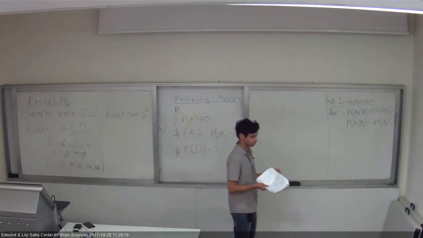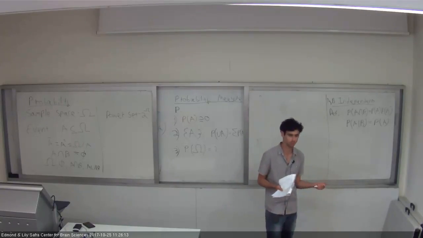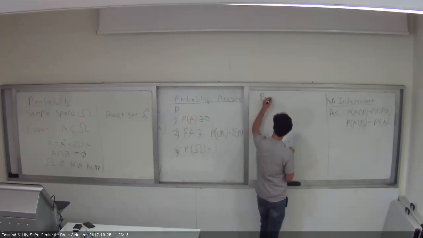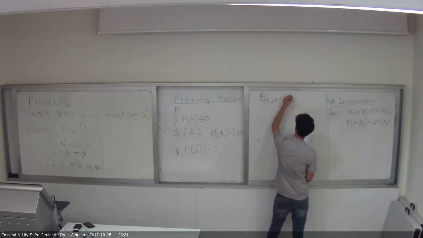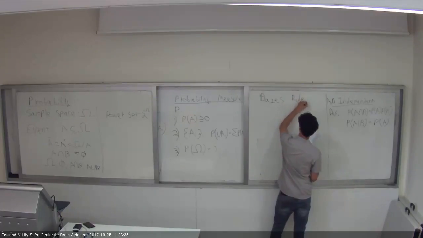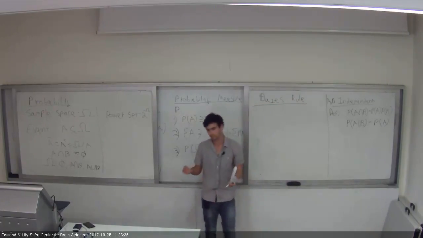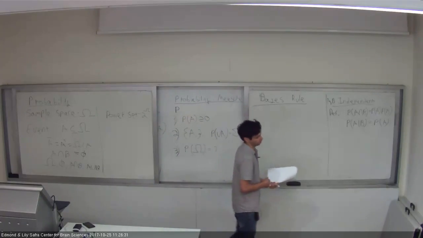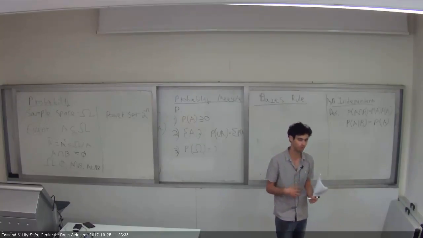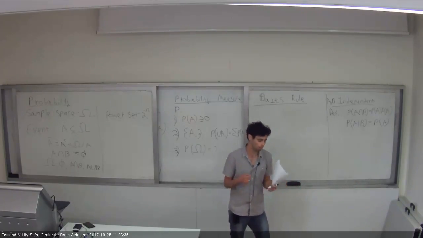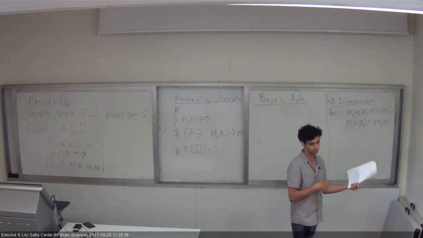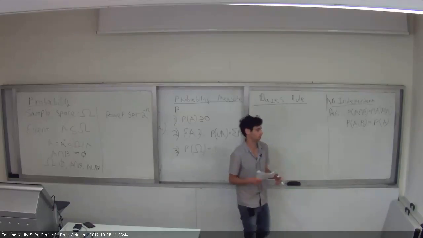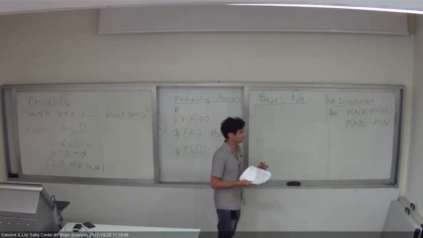It's not a general case, but Bayes' rule gives us a specific equation for how to update our belief on the probability of A when we know that B has occurred. And this is the general case.